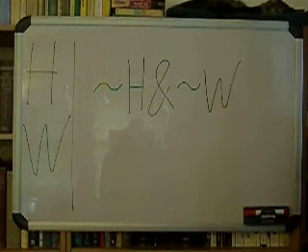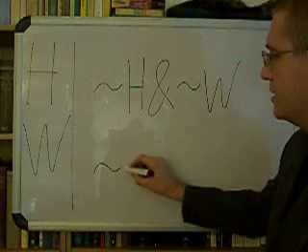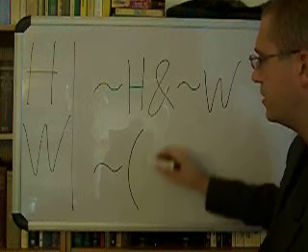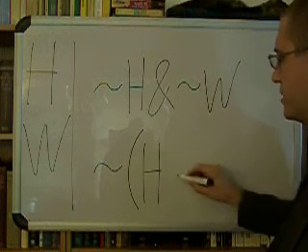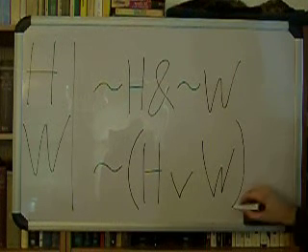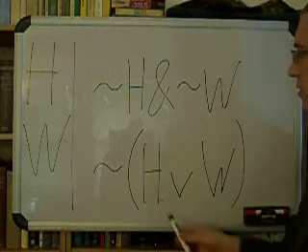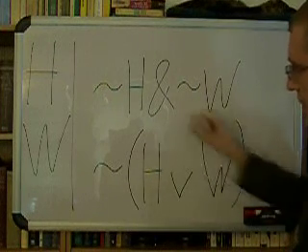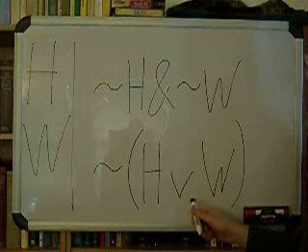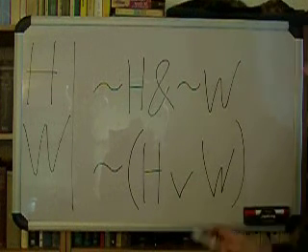We could do that. But watch what we can do with a set of parentheses around the or. We could say it is not the case that either Holmes or Watson likes criminals. By putting the tilde around this whole thing, the tilde then acts on the disjunction.